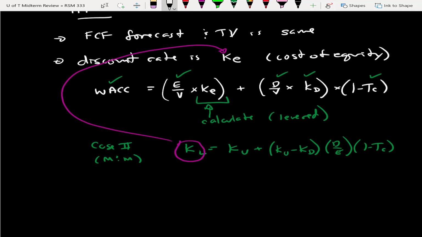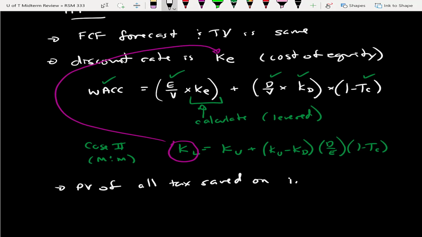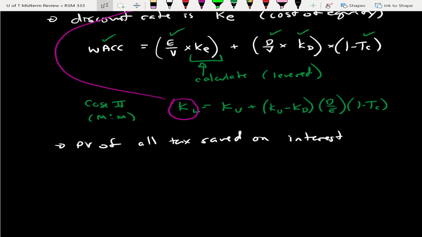And the other difference is you're going to add the present value of all tax saved on interest. And if it's given on an annual amount during the forecast, it should be straightforward to do. It's essentially, for example, let's just do a simple calculation, year 1, year 2, year 3. I'll keep it straightforward.